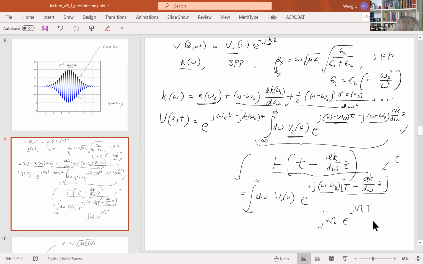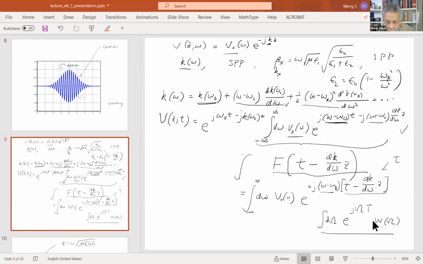And then it's going to be over a very narrow bandwidth of signal. Maybe I can call it V naught, let me call it W of ω. This is going to be an integral, but only over a small number of omegas because of the narrow bandwidth of the signal.